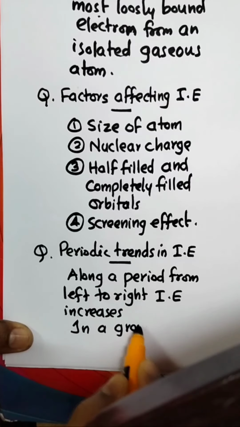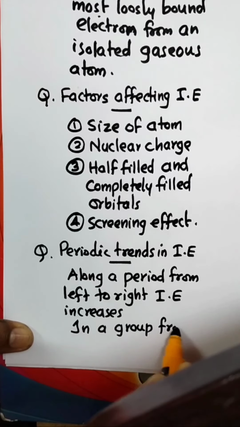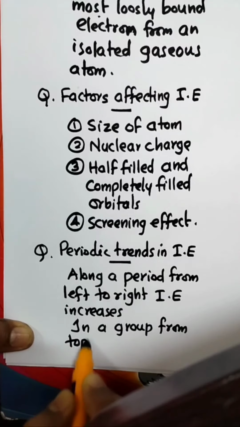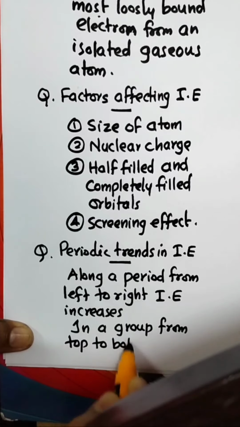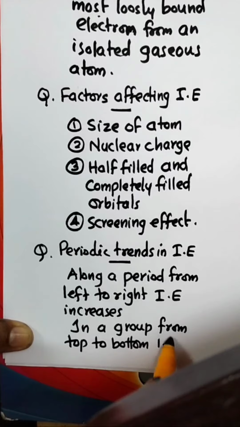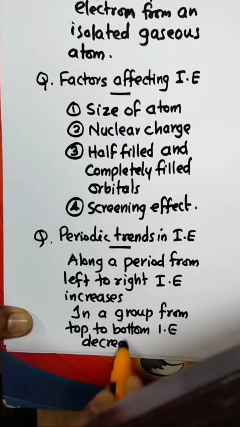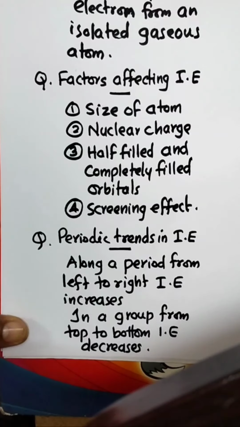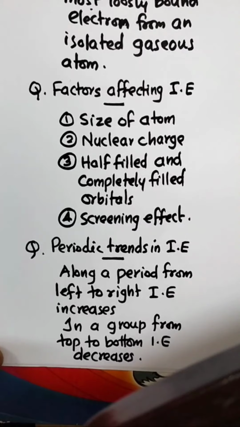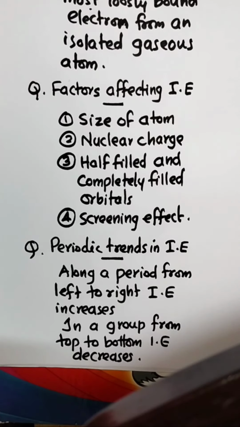In a group, from top to bottom, ionization enthalpy decreases. These are the periodic trends in ionization enthalpy.